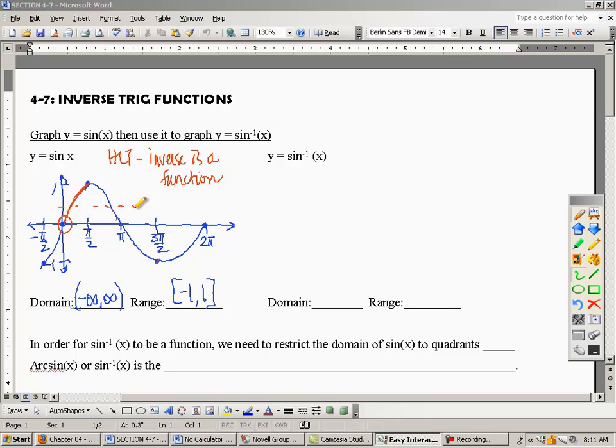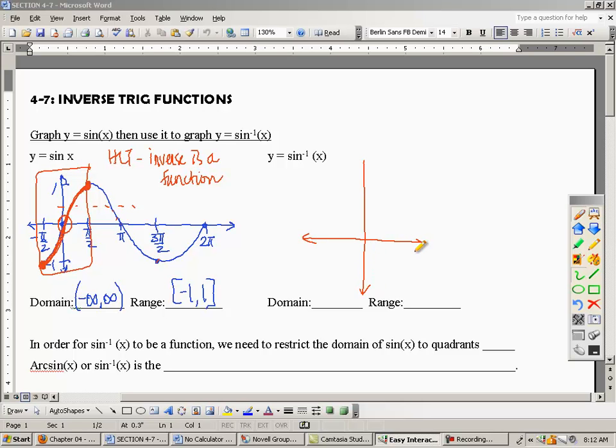So instead of going forward to pi, or 3 pi over 2 to get down to a minimum, I'm going to go backwards to negative pi over 2 so that I hit both that minimum point and a maximum point. And this restriction then will pass the horizontal line test. So this part right here is what we're going to use to restrict in order to find the inverse sine. So I'm going to graph this one for us a second.